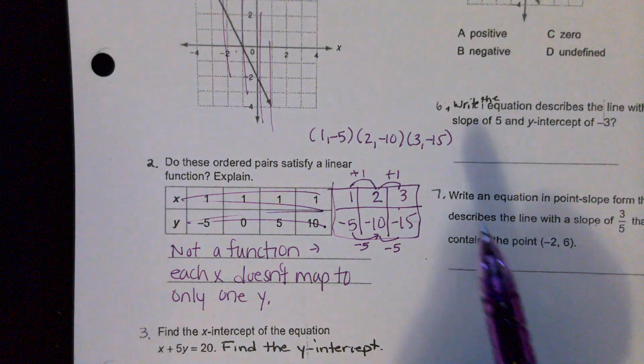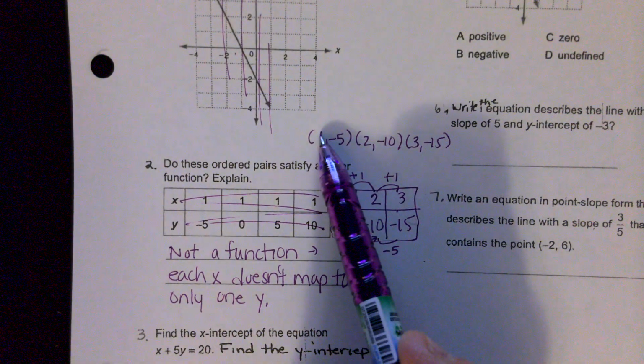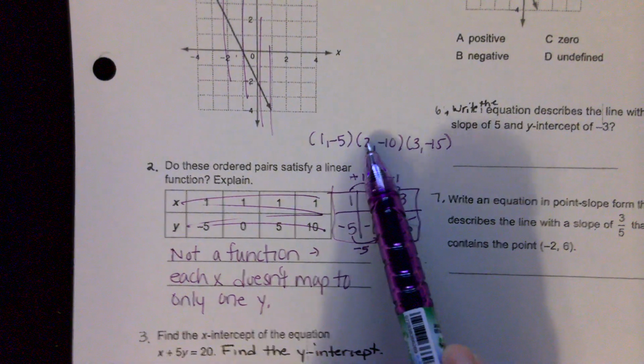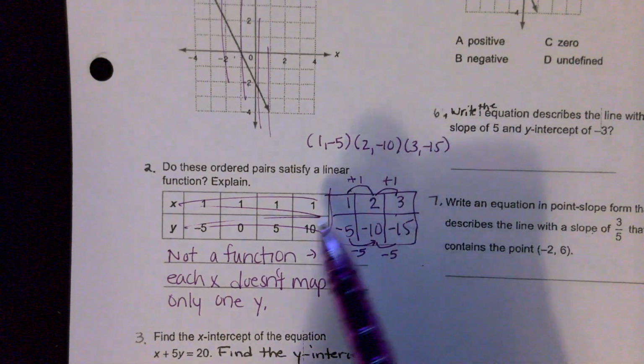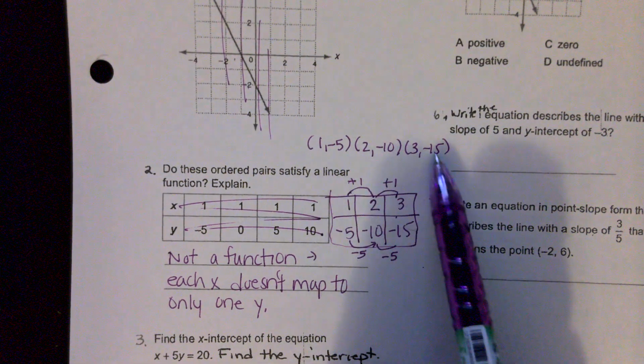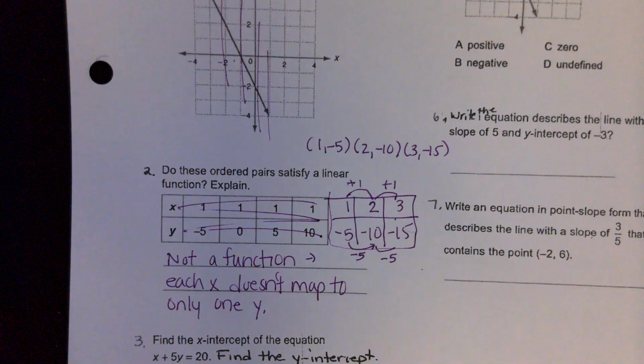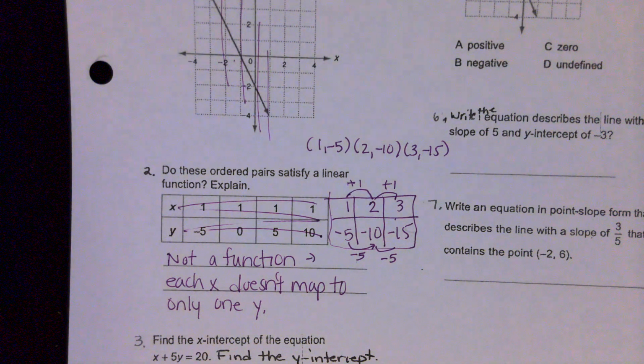So you can list coordinates like that too, or you can put them in a table. So you would have to then compare the x to the x, going up 1, going up 1. That has a pattern, yes. Going down 5, going down 5. So you have to be able to add or subtract, not multiply or divide, add or subtract consistently up and down.